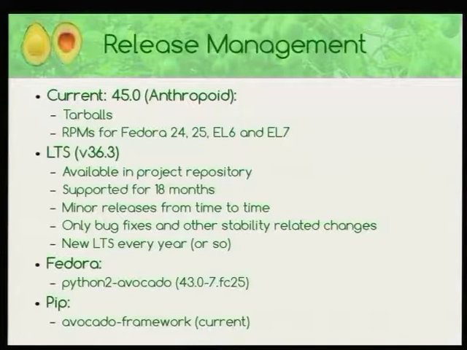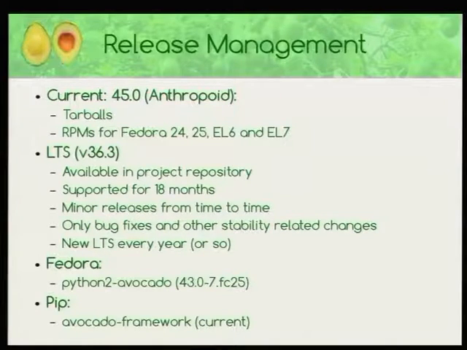We have this release management information right now, current version 45. We have tarballs and RPMs for Fedora and enterprise Linux. We have a long-term supported version, which is 36.3.